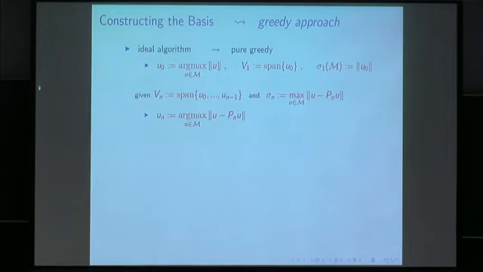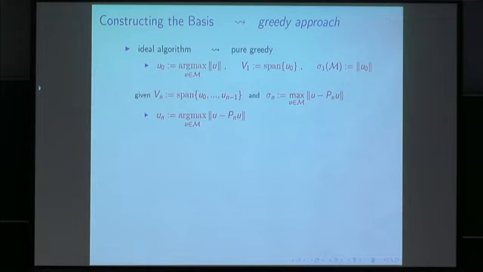First, the ideal algorithm is to apply a greedy procedure, which means to solve each time a one-dimensional problem of finding the furthest element of the manifold from the current state.